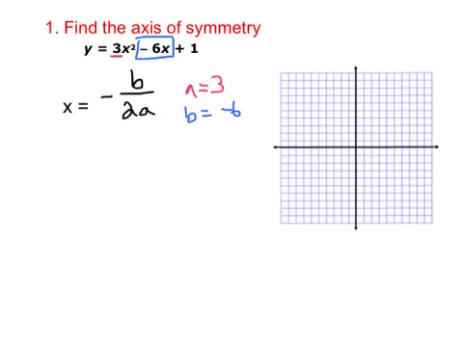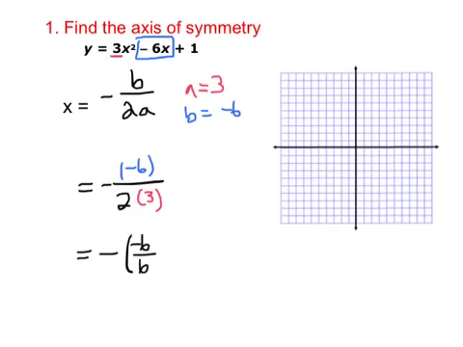So we get the opposite of negative 6 over 2 times 3, which is negative negative 6 over 6. Two negatives become positive, and 6 divided by 6 is just 1. So our equation for the line is simply x equals 1.